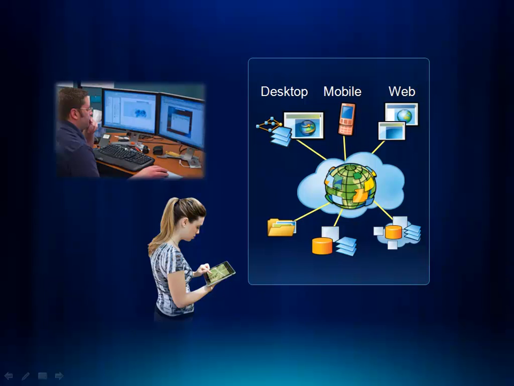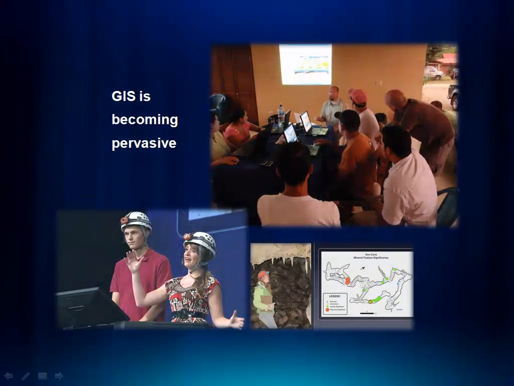The channels are moving back and forth, and because it's made its way onto these smartphones and pad devices, you're starting to see things going all over. And so we're seeing GIS is really becoming pervasive.